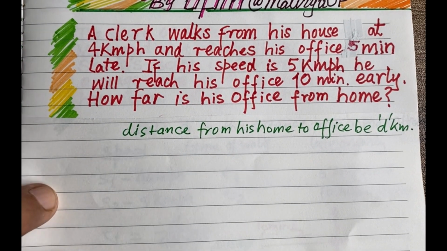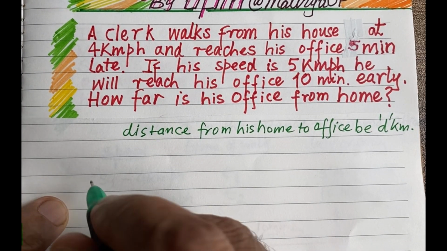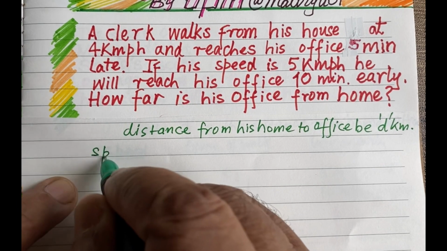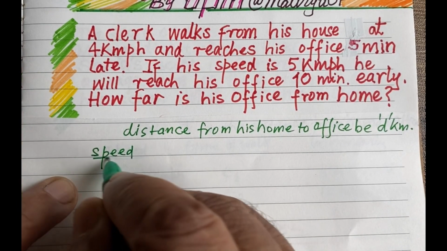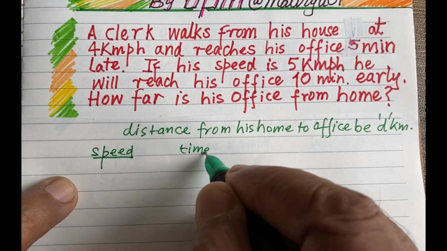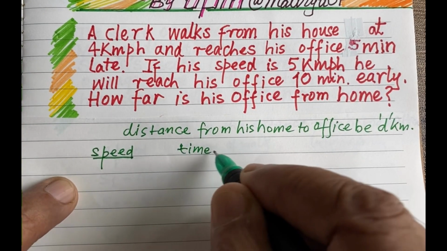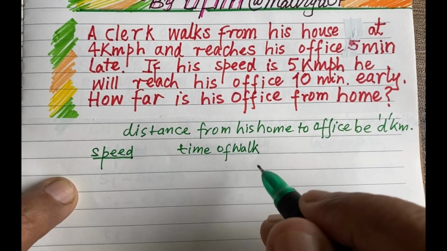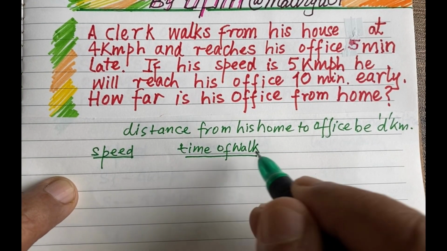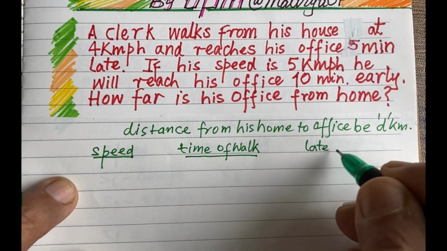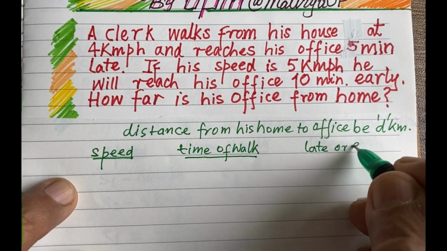And let's record all the given data. So here we have speed, then the time taken to walk to his office, so time of walk, and either late or early.